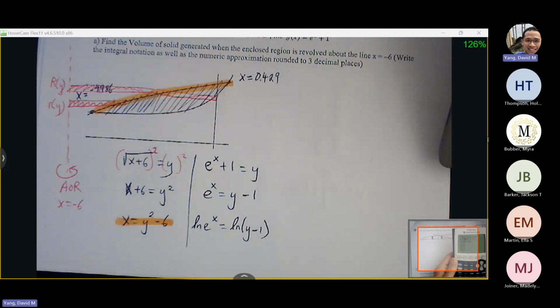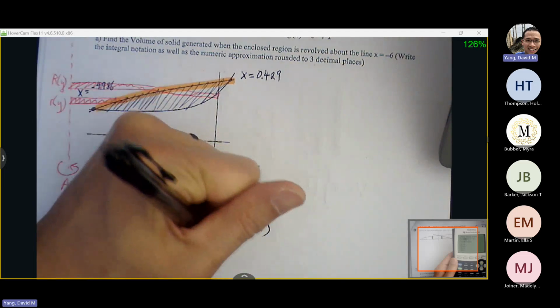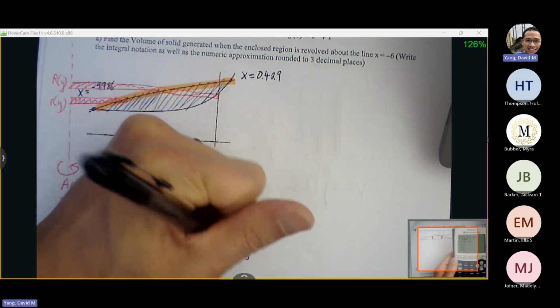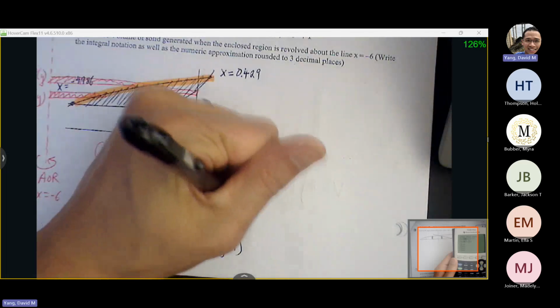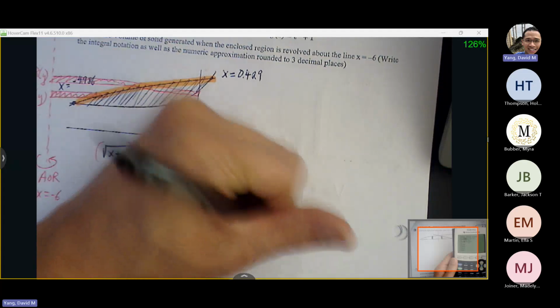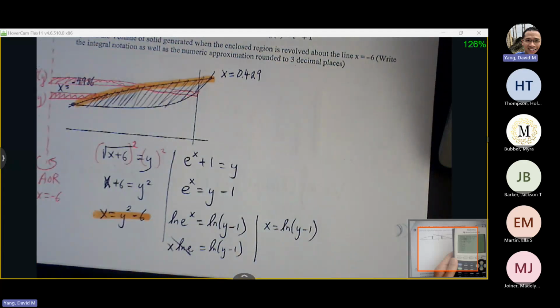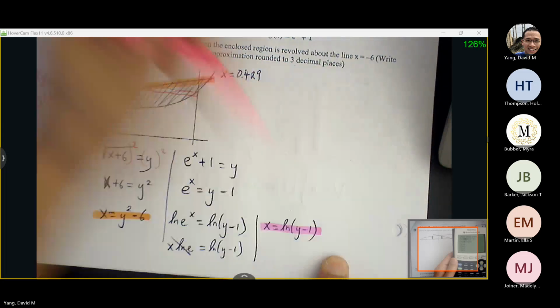The x comes down. Natural log of e just goes to 1. So x equals natural log of y minus 1. So this is going to represent that exponential function that we've termed.